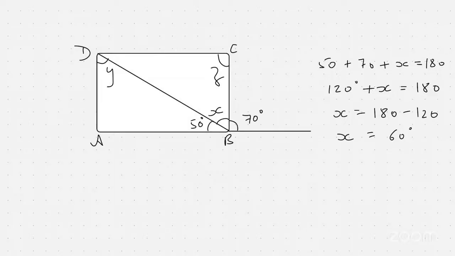So we can also write Y is equal to X, which is equal to 60 degrees. Alternate interior angle.